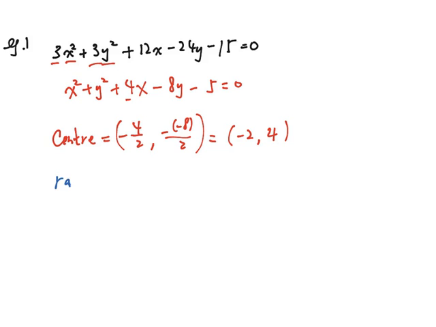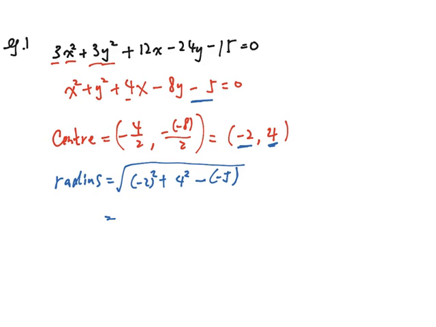Next, for the radius, we use this one squared plus this one squared minus f, negative 5. Take square roots. We place the number inside the square root, we get 25. So the square root of 25 is 5.